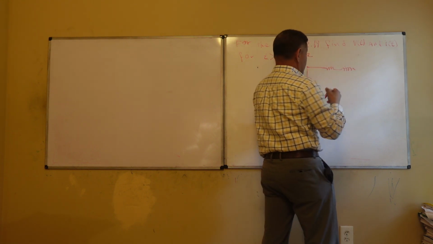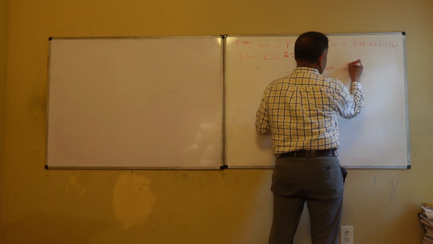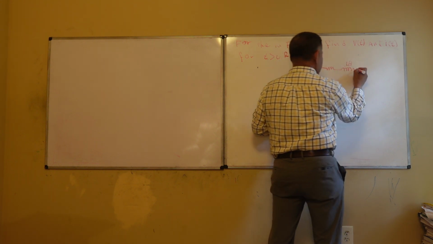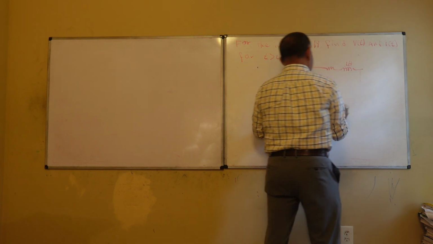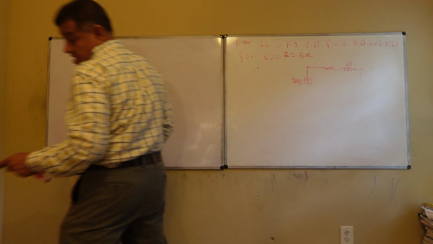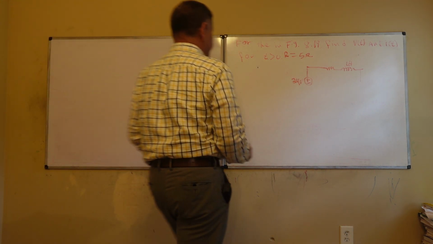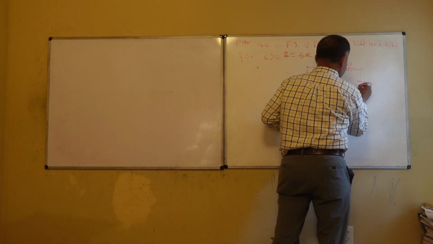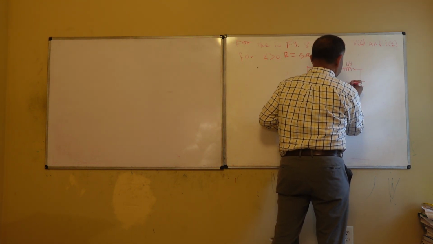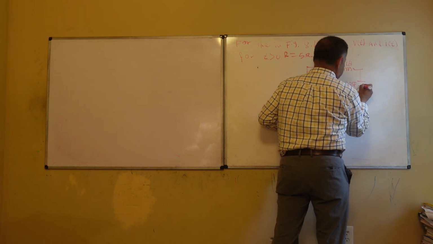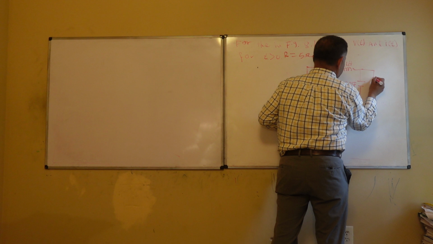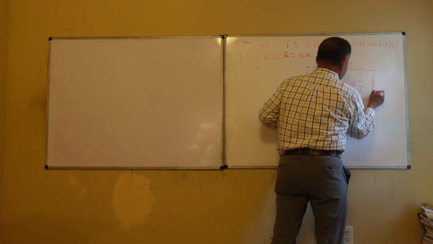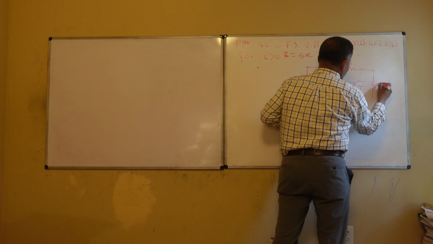In parallel with that we have a capacitor of 0.25 farad, and in parallel with that a resistor that is 1 ohm.